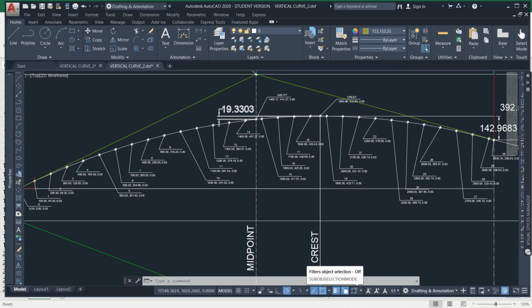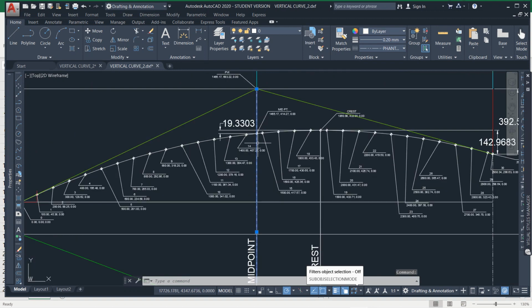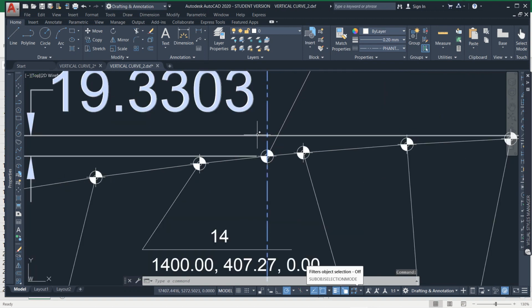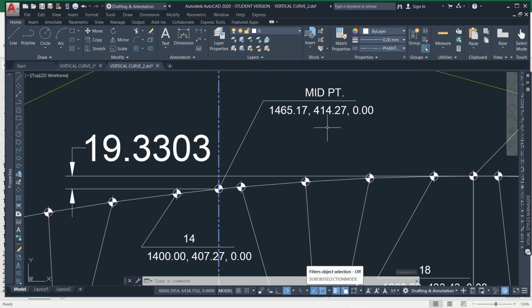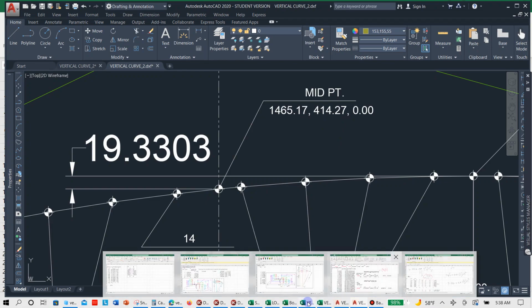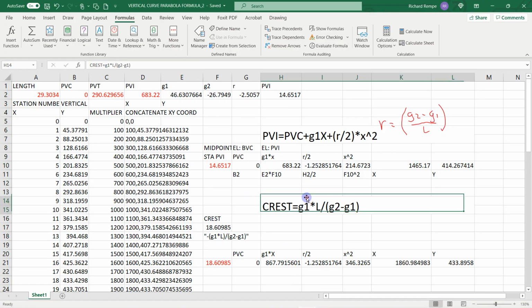The elevation at the PVI, what's the elevation right there? And here it's showing it as the midpoint, 414.27. So we're trying to calculate what that is. There's the solution for 14.27.